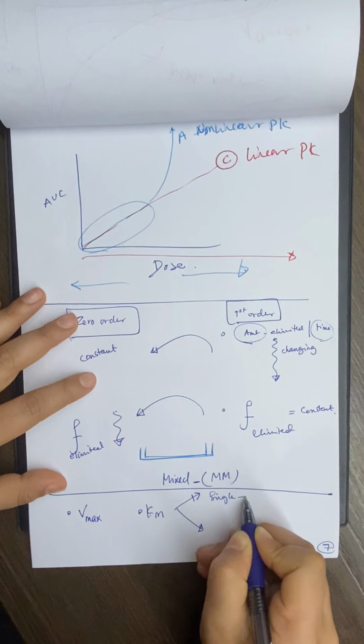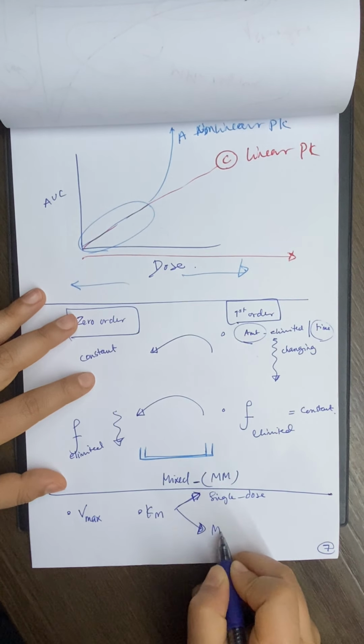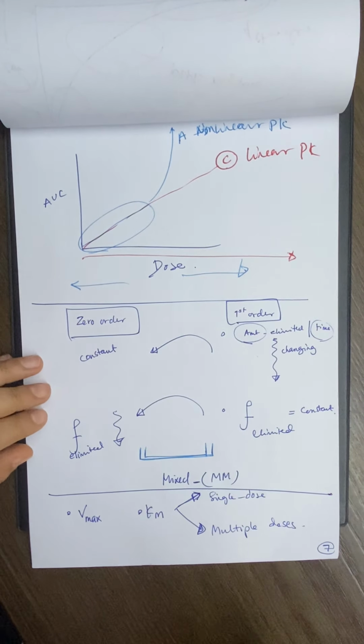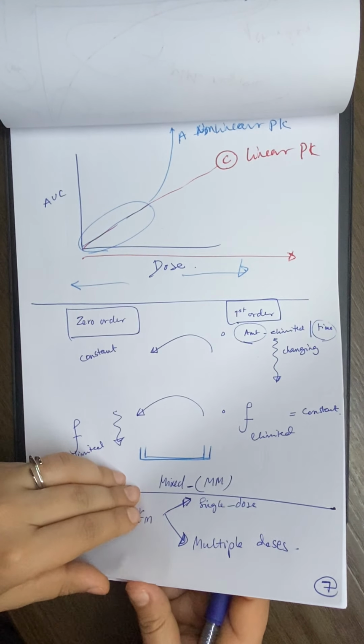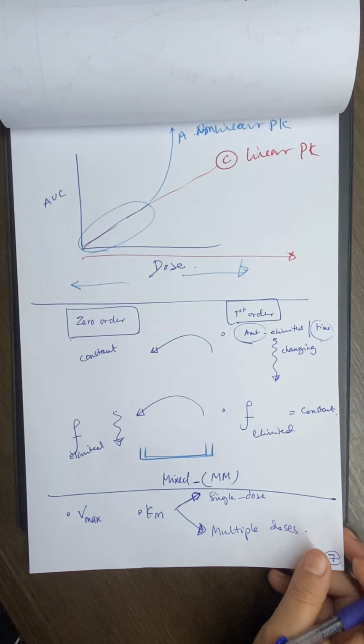You will have models for a single dose, and you have models for multiple doses. And the models that will be explained are the easiest that you can find in your reference.